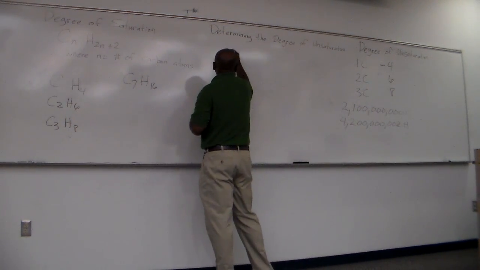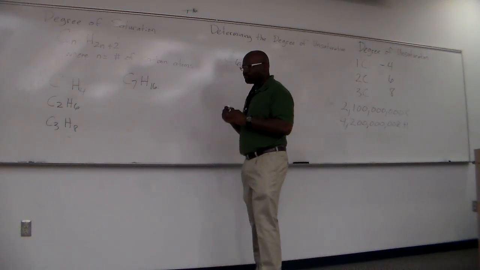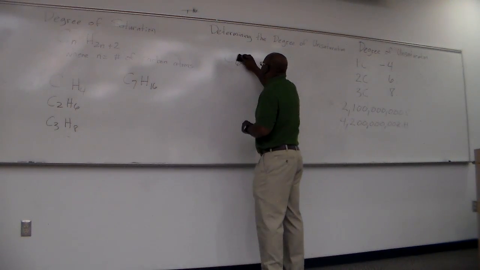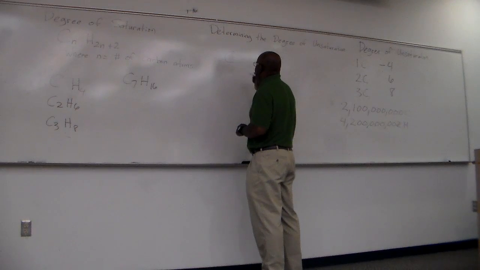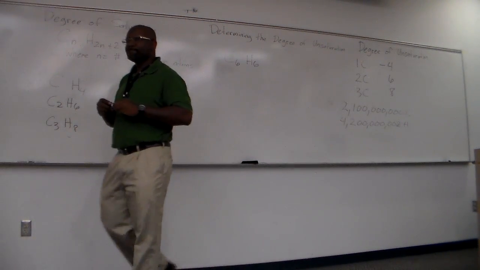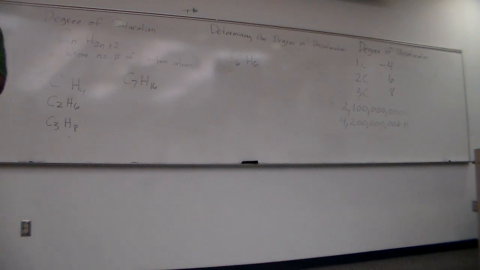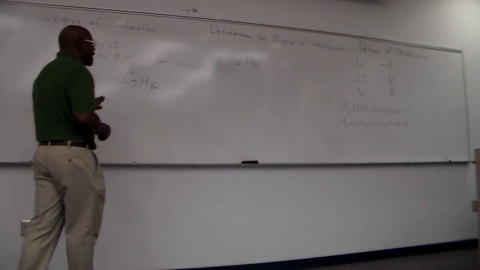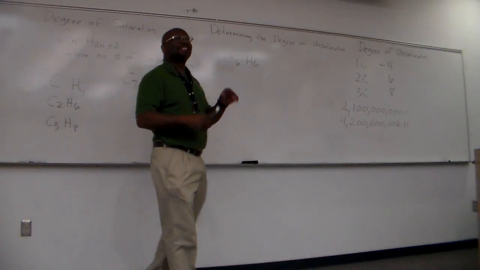Let's say I have a molecule of C6H6. How many degrees of unsaturation are in the molecule C6H6? Now the question is trying to figure out what is the maximum number of hydrogen atoms that can go around 6 carbons.